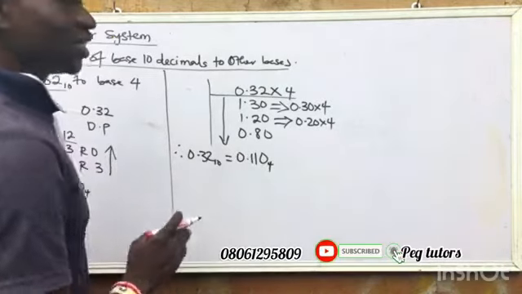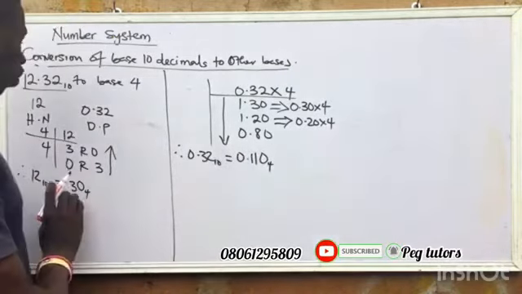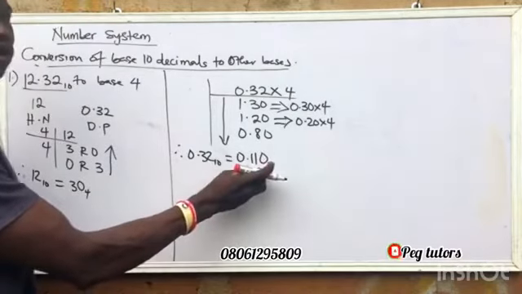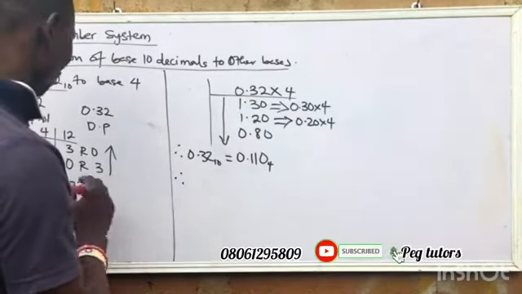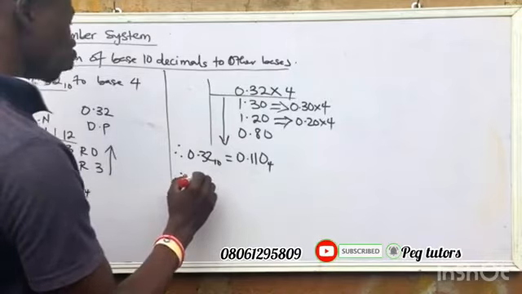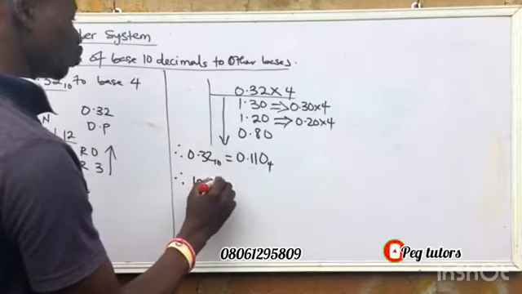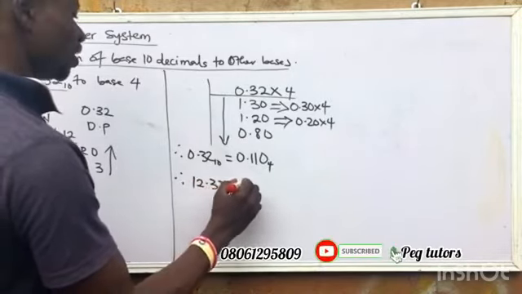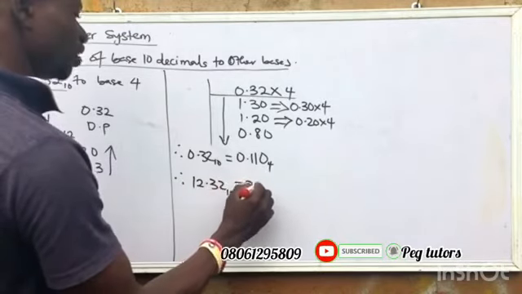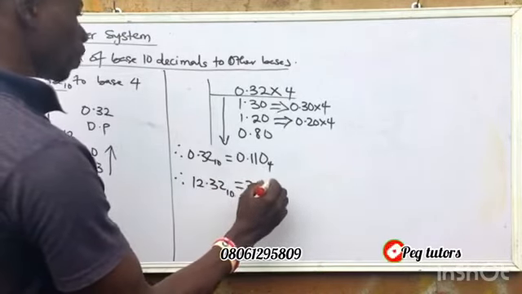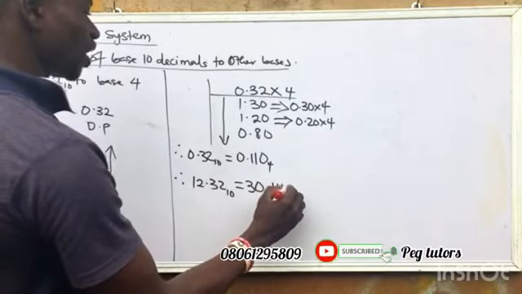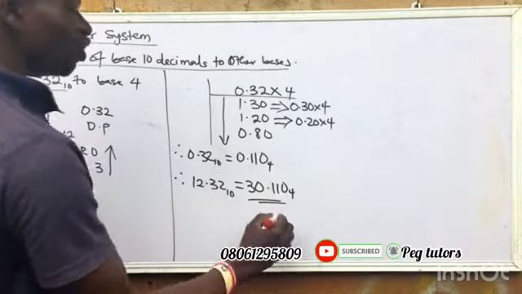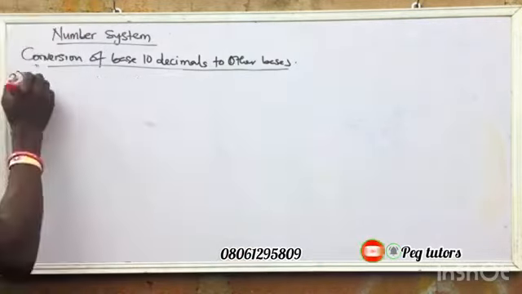You won't end here until you combine both the whole number part and the decimal part together. So you can say therefore 12.32 base 10 is equal to 30.110 base 4. This becomes our answer.